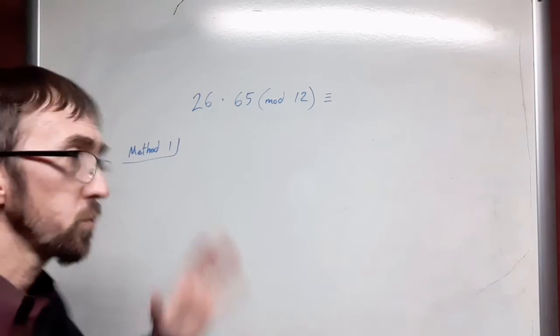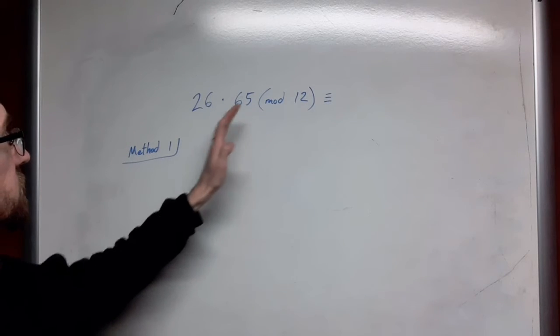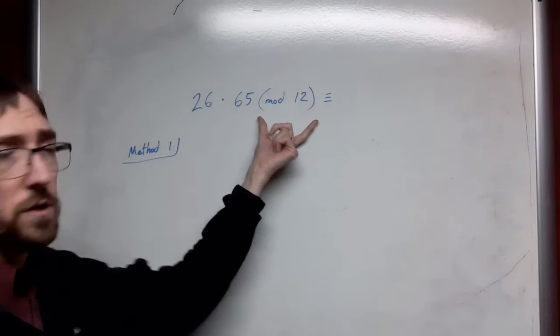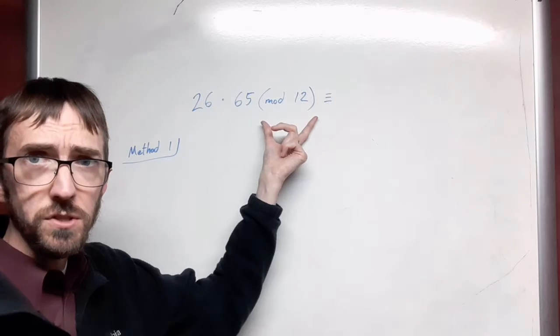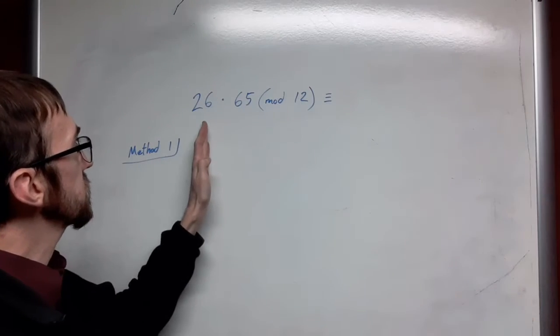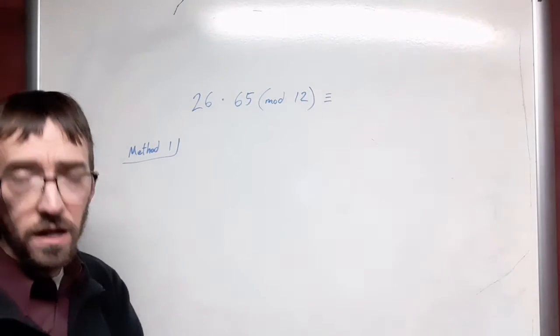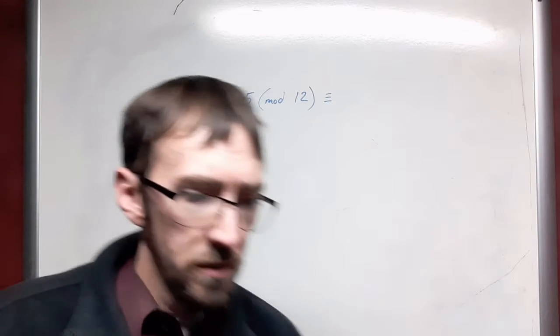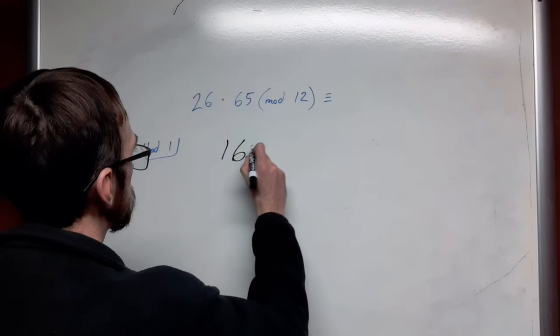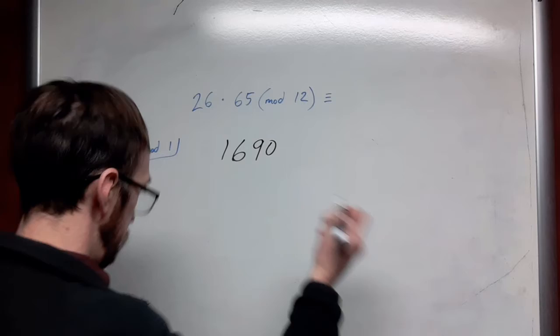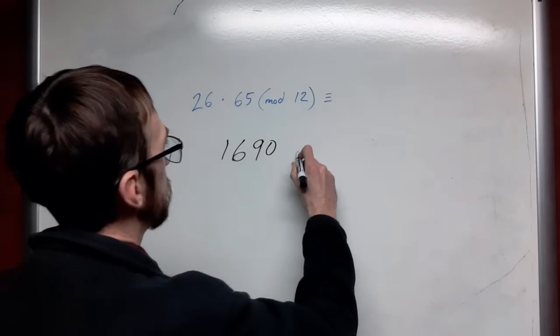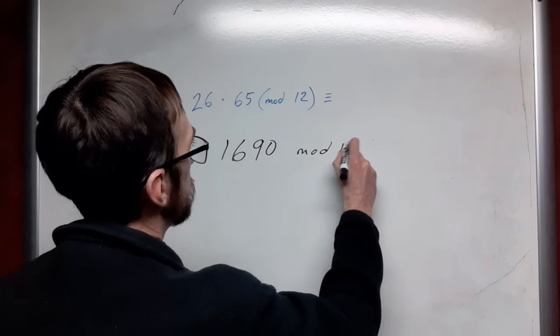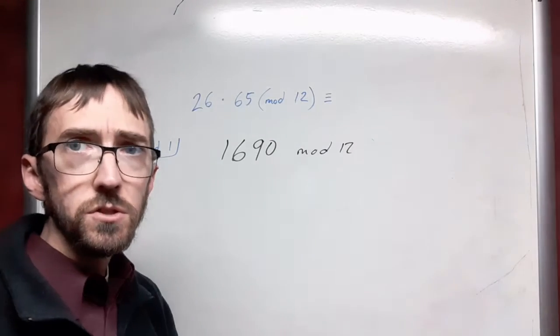So the first approach, we're just going to look at 26 times 65, and then we're going to do this modulus 12. So 26 times 65 is a pretty big number. 1,690, and we need to evaluate this modulo 12.